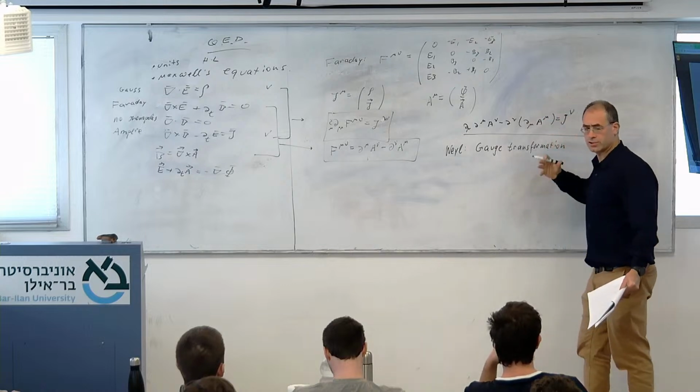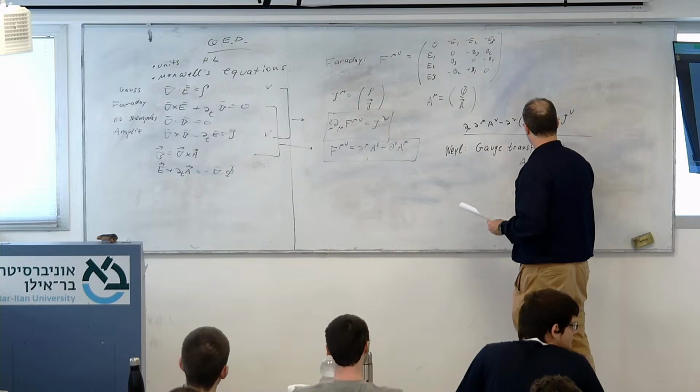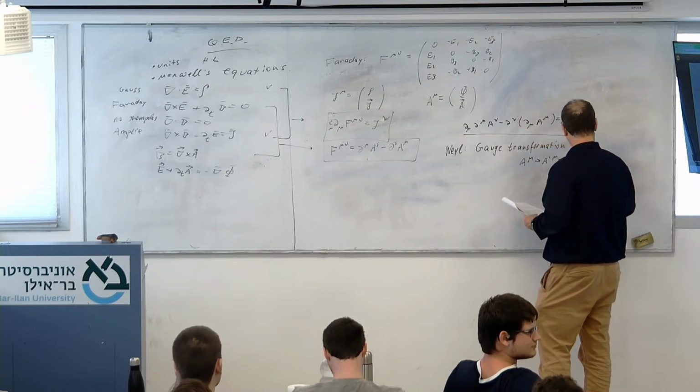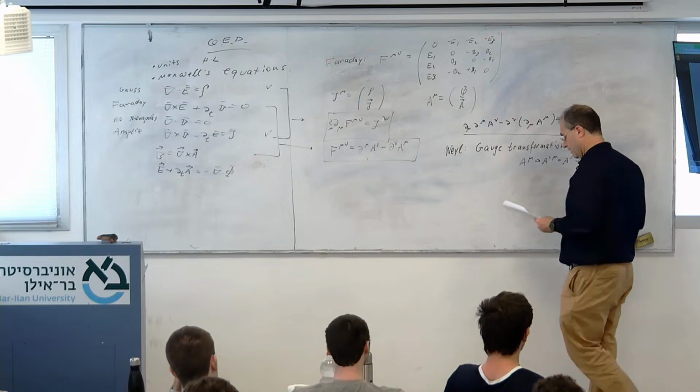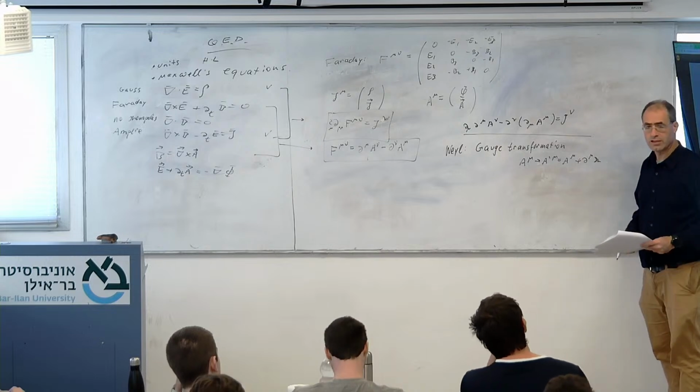Gauge is a scale, basically changing the scaling. A mu goes to A prime mu, which is A mu plus d mu lambda. By adding a function lambda, this will not change the physical results.